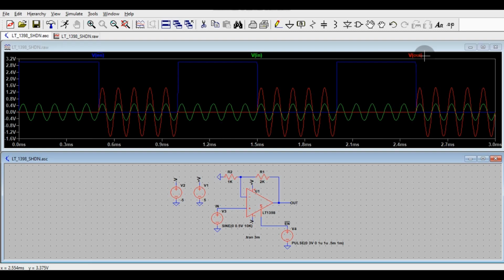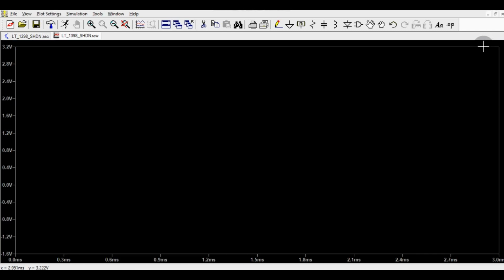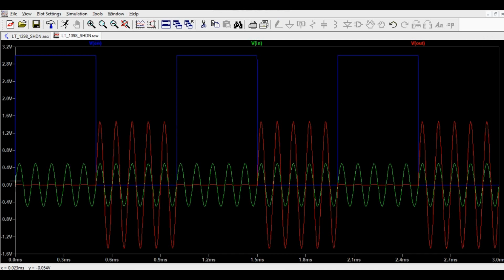You can see this Vout is in red color. So for this point of time, when your enable signal is high, you can see there is no output here. So your output is 0 volt. Hope you can see here.